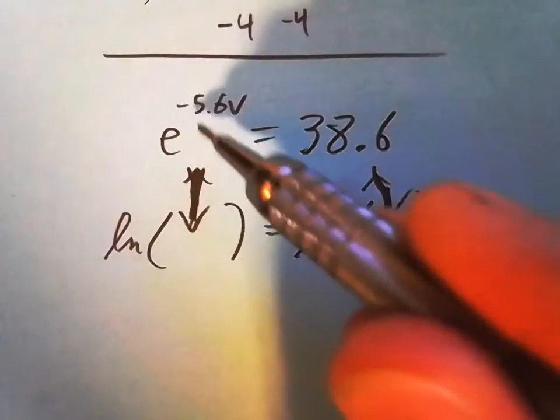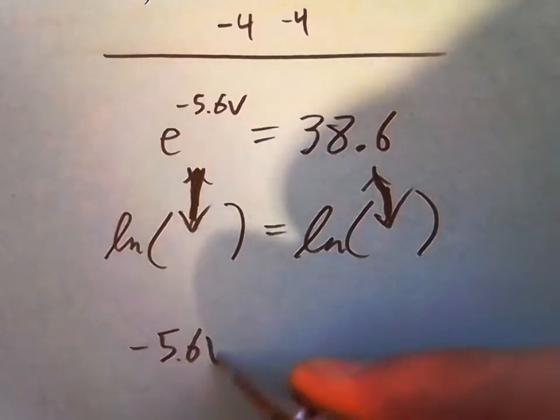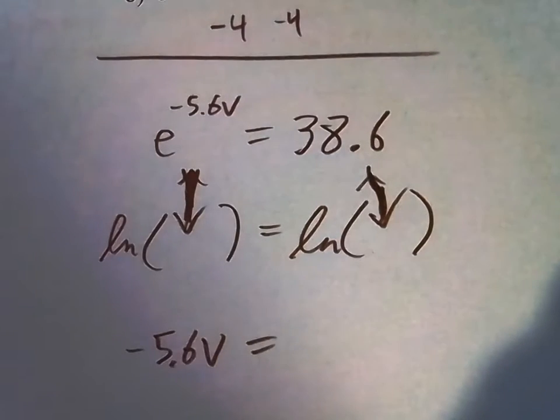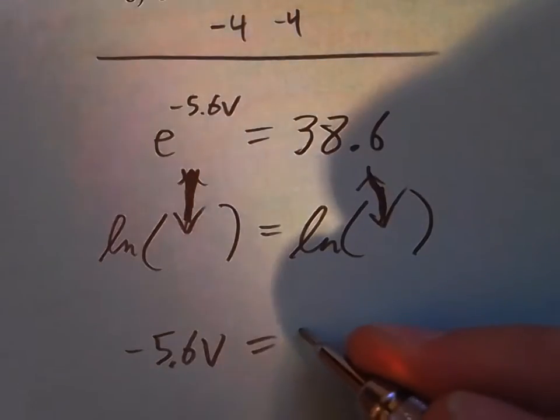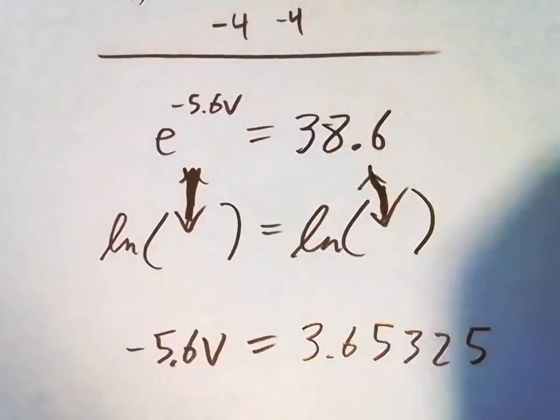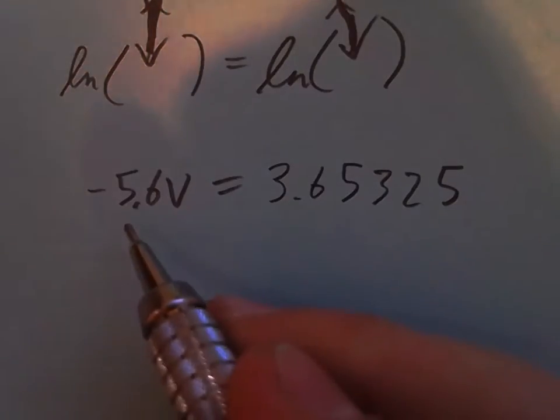Natural log of that will just leave me negative 5.6v. Natural log of that, I need to use my calculator real quick. ln button, 38.6. That'll be 3.65325, etc. That should be enough for our purposes.